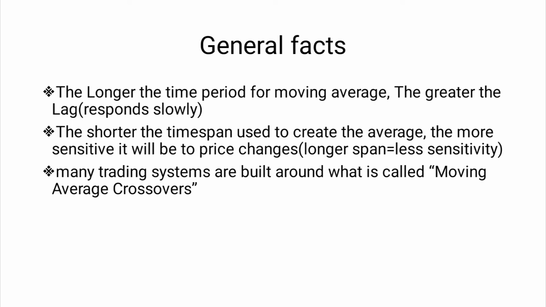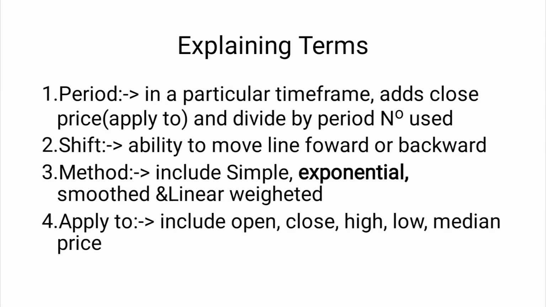Main trading systems are built around what is called the moving average crossover. You actually realize that BTMM will require moving average crossovers. So, explaining terms: a moving average, if you open your MT5, has got a period.